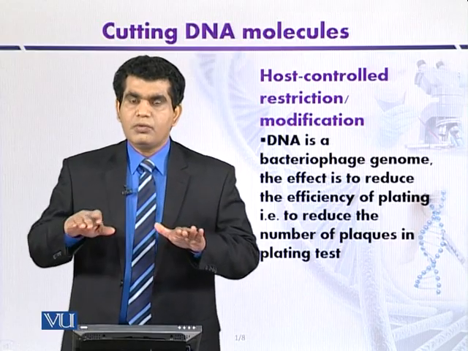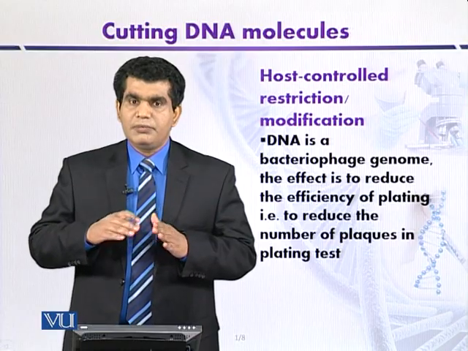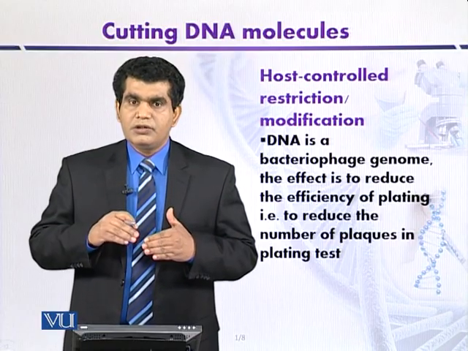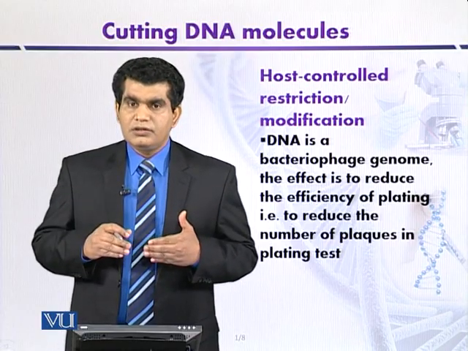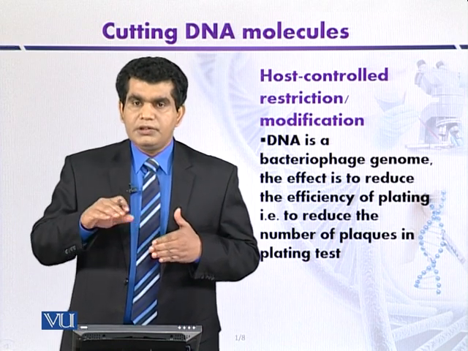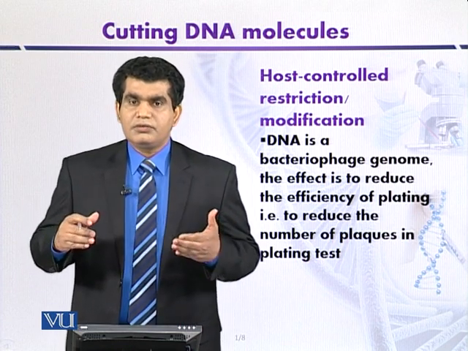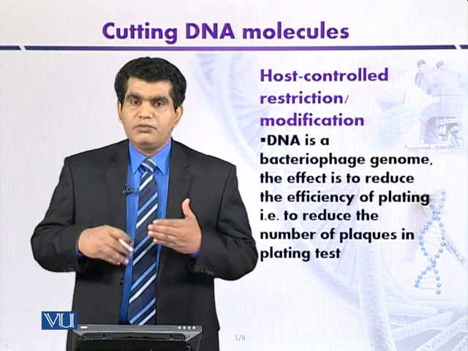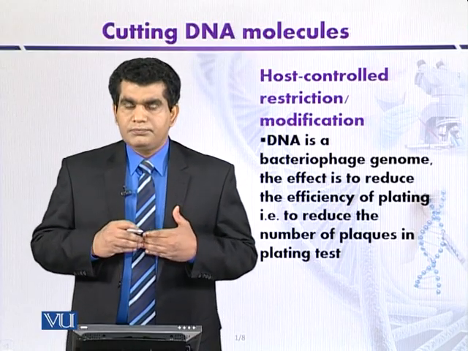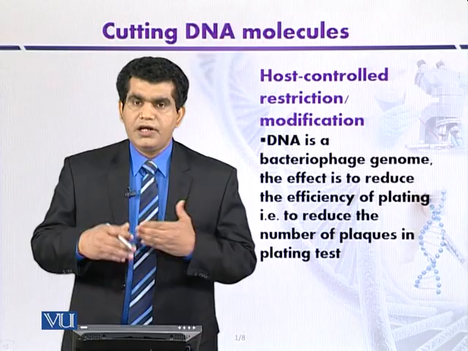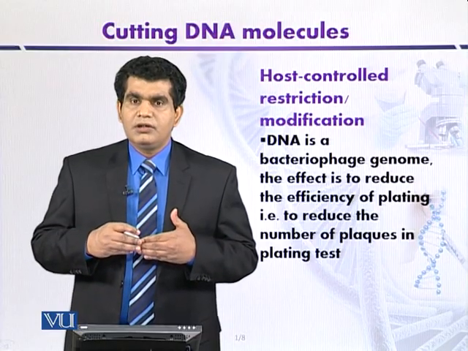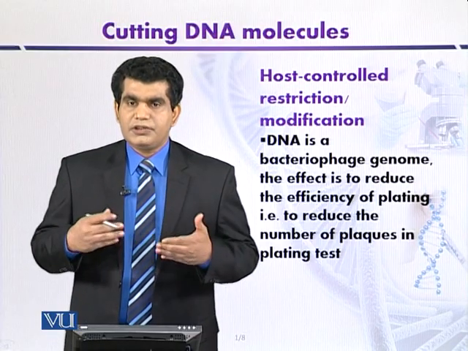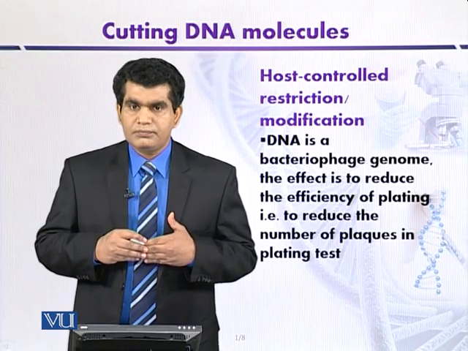When cells are grown on a solid medium, bacterial lawns are produced, and if lysis occurs, clear zones appear, and we can count the number of plaques. If plaques are high in number, it means the plating efficiency is also high.